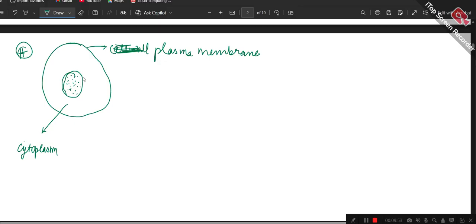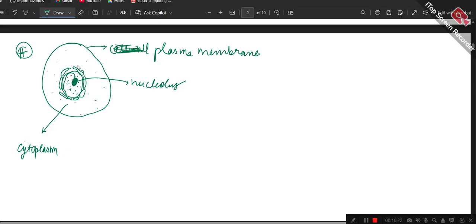And if it is a eukaryotic cell, you can also observe a nuclear membrane around it. If it is not, then you're not going to have a nuclear membrane, and even the nucleolus is absent in that case. But if it is a eukaryotic cell, you can also find a nucleolus in it, right? This is the whole cytoplasm thing, fine.